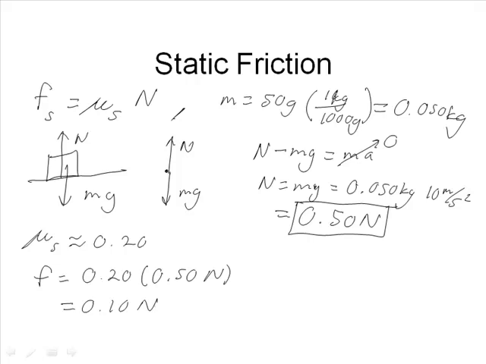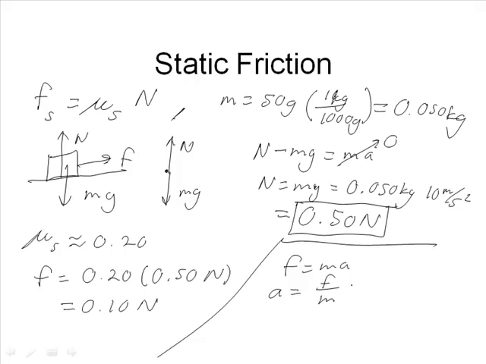And of course, that will give me an acceleration. We know that frictional force is apparently the only force in that x direction. So F equals ma, and the acceleration is force divided by mass, 0.10 newtons divided by 0.05 kilograms. That would give me 2.0 meters per second squared.